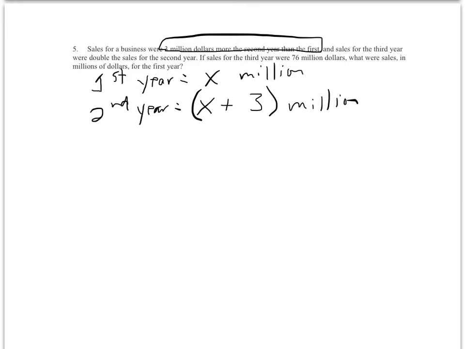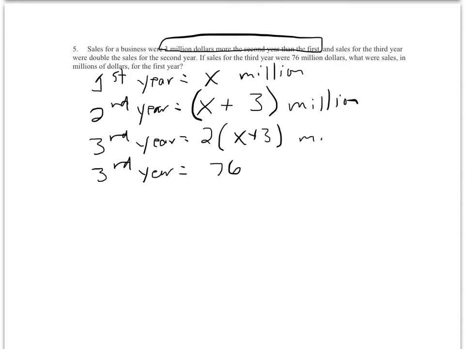And then the sales for the third year were double the sales of the second. So if you take the second and double it, that means times 2, you get the sales for the third. Then it tells us again about the third. Third year was 76 million. These are all in millions.